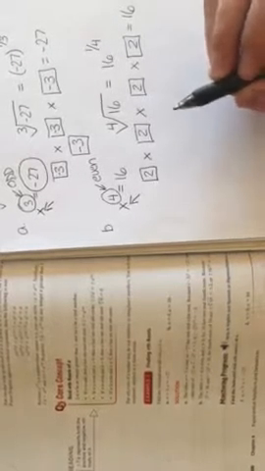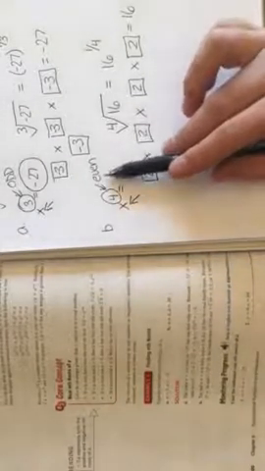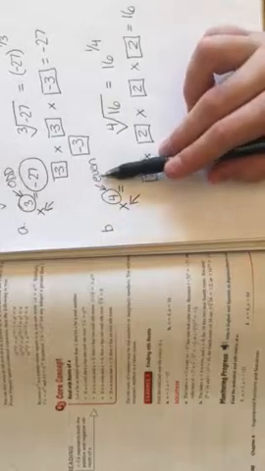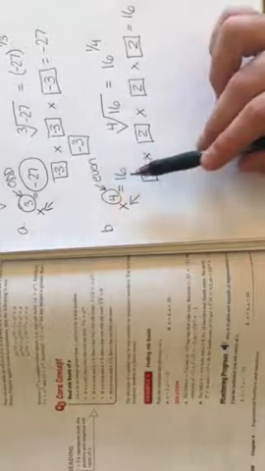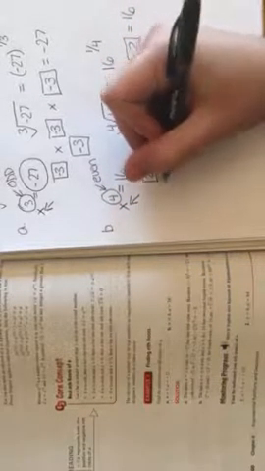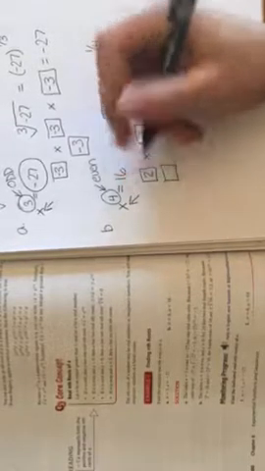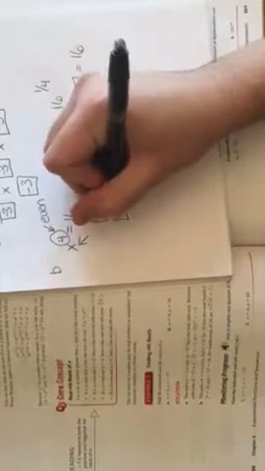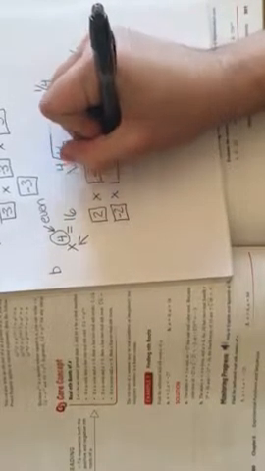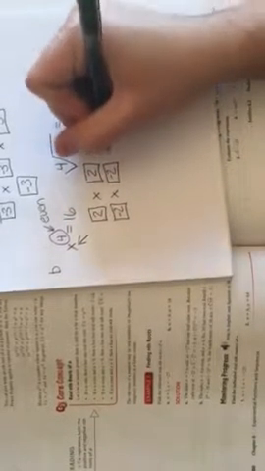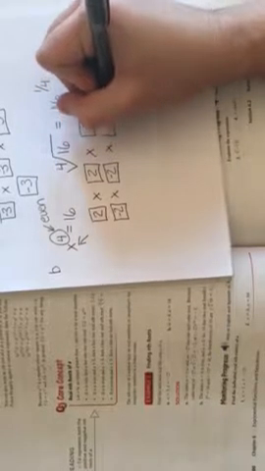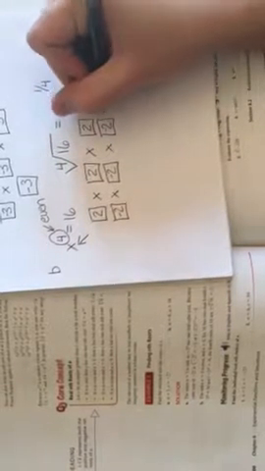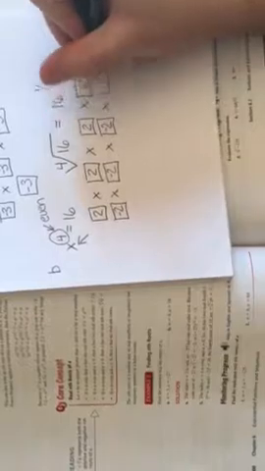Now we need to consider the negatives. Since it's even, the negatives will cancel out and give us a positive number. So we can also have the answer of -2 times -2 times -2 times -2.